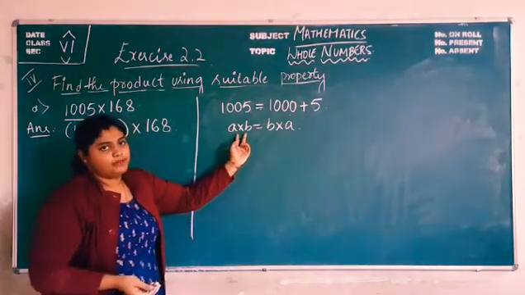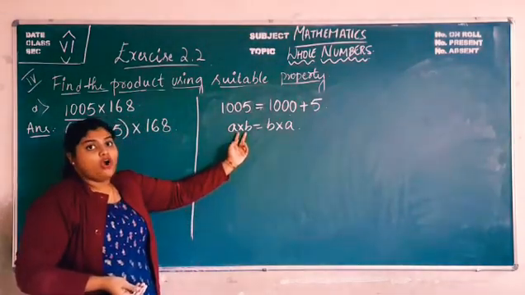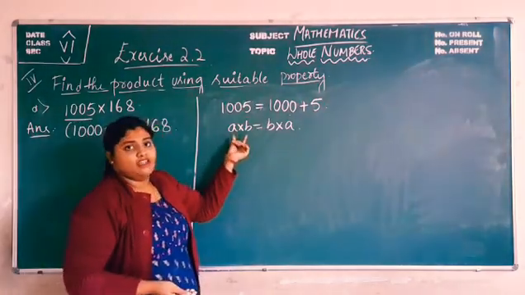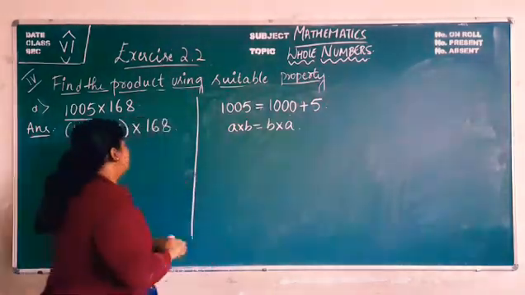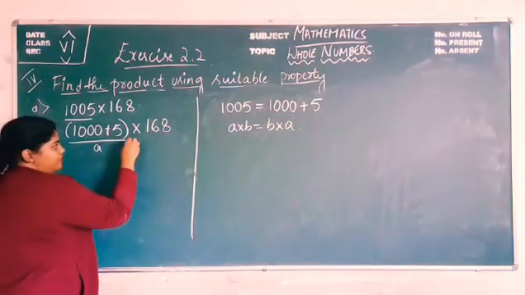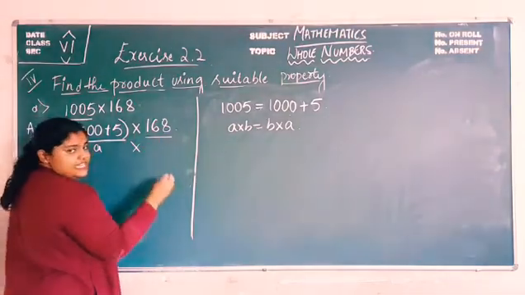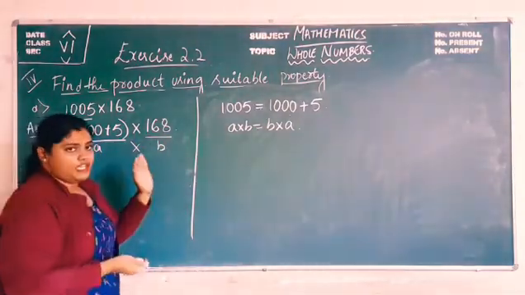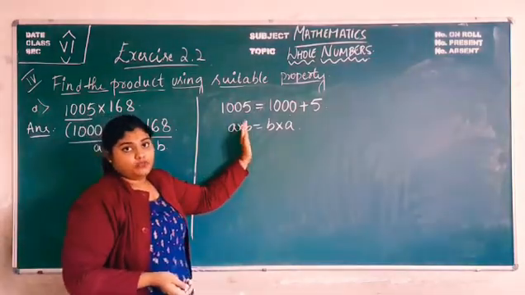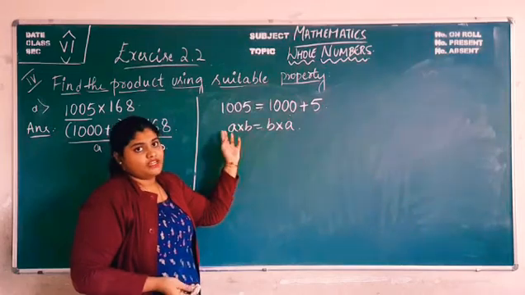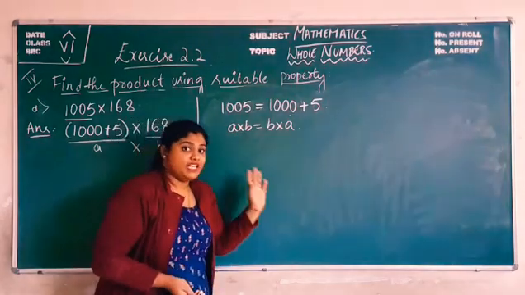So here, we can change the order of the numbers and multiply, and the product remains the same.